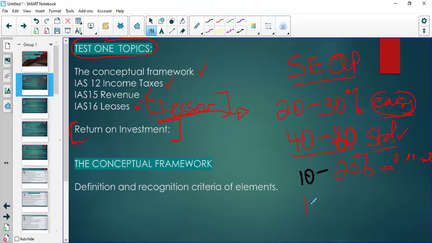And then you can expect a 10%, plus or minus 10%, that is exceptionally difficult.